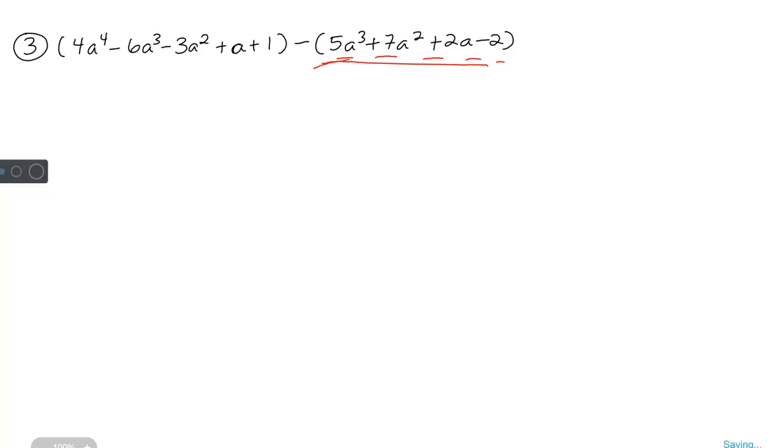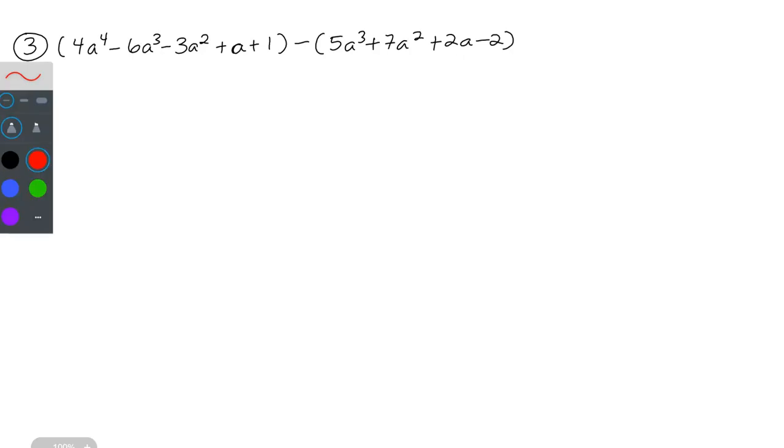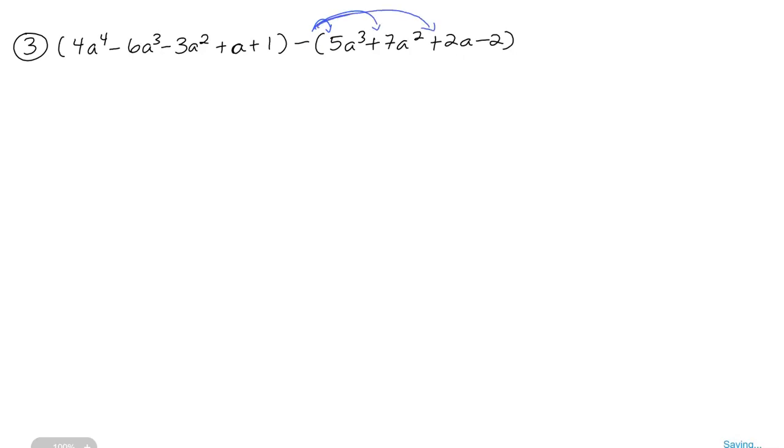So how we're going to do this is we are going to distribute the negative and just get rid of our parentheses. That makes the combining like terms easier. So I'm going to distribute that negative, making all of the signs of the second set of parentheses the opposite.